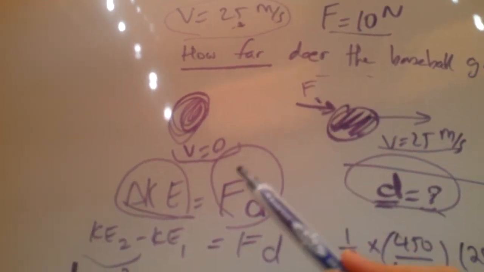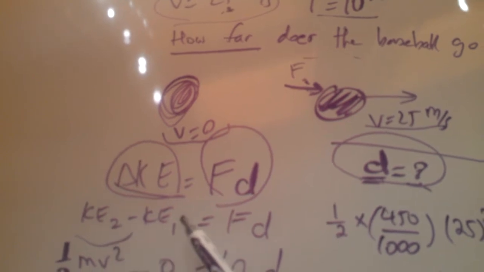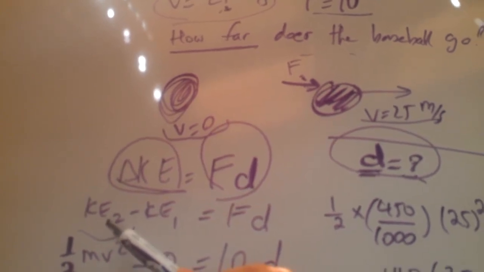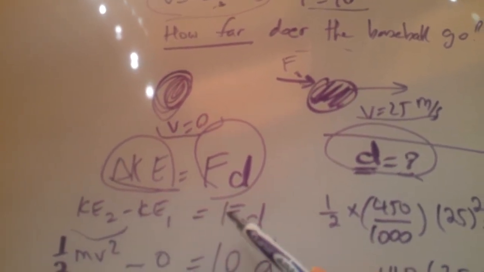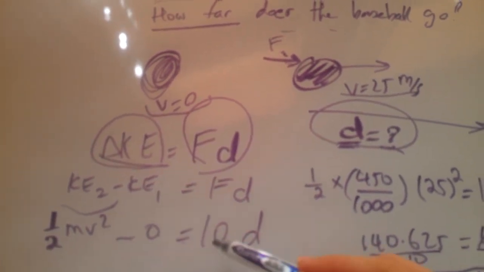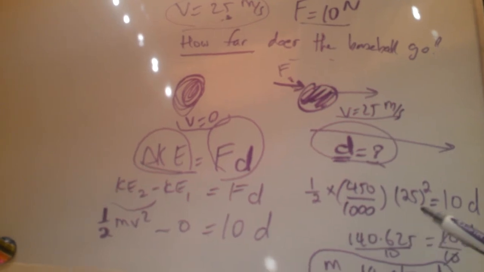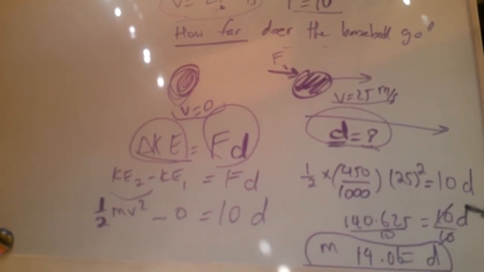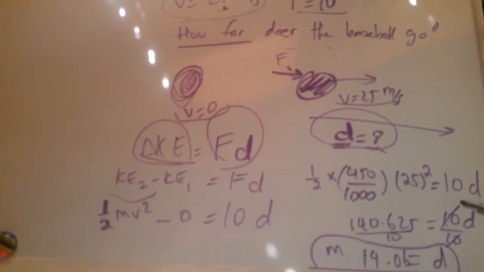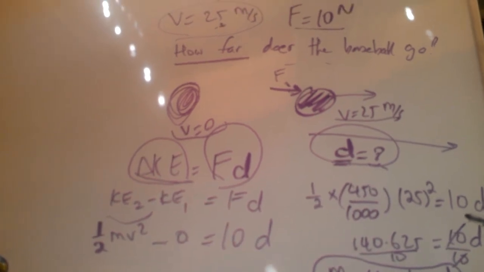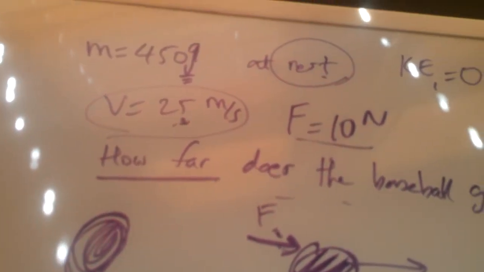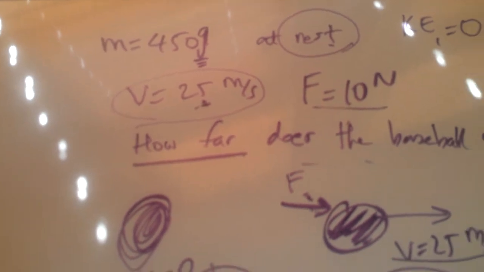And the change in kinetic energy is kinetic energy second minus first. That gives me F times d. I just plug things in, and you'll see how we end up with the answer, which is 14.06 meters. So this is another question that deals with kinetic energy and basically force and displacement, where force times displacement is work.